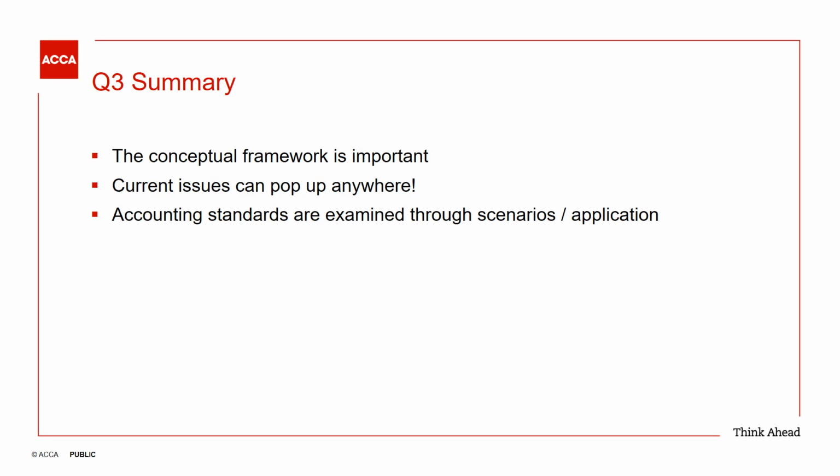When accounting standards are examined, it's not about regurgitating the facts. Accounting standards are tested through scenarios. Sometimes it's necessary for us to actually identify what accounting issue we're being tested on and to reflect. It was not immediately apparent, perhaps, that the intangible asset needed to be impaired, if there was no longer recoverability.